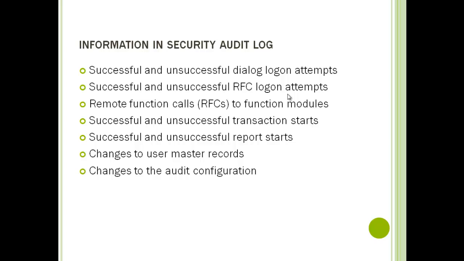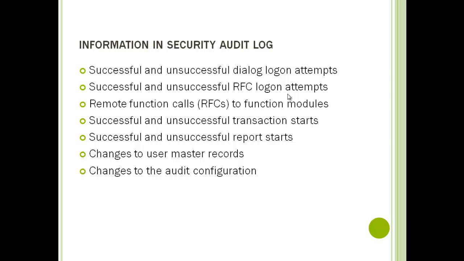It will give you the RFC detail for the specific function modules. Then the next one is successful and unsuccessful transaction starts. So we can get the information on which transaction was started by the user, and unsuccessful transaction starts also, so that we know what transaction is being executed by the user.